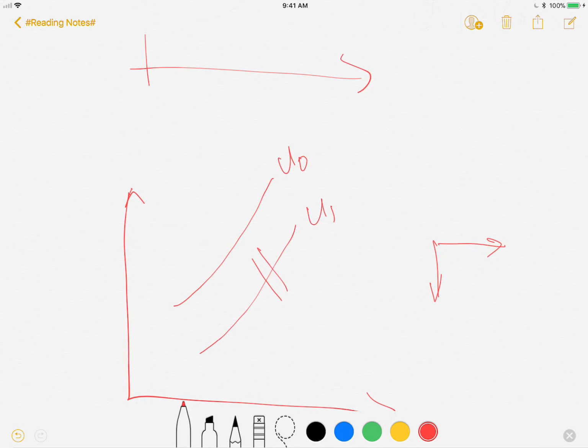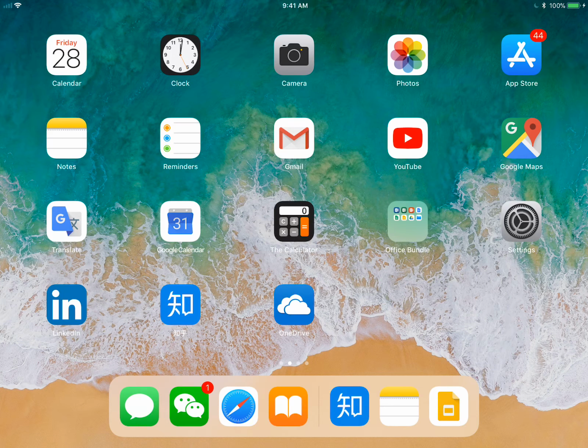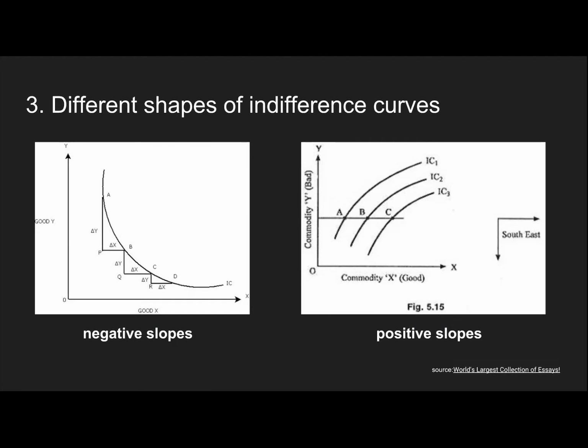So the preference goes this way. That's a really useful tool to indicate preferences. And that happens when you have positive slopes, when you dislike one good and you like the other good.